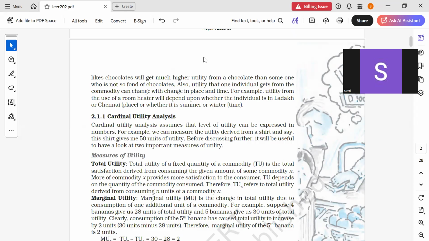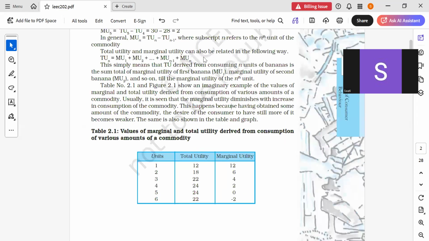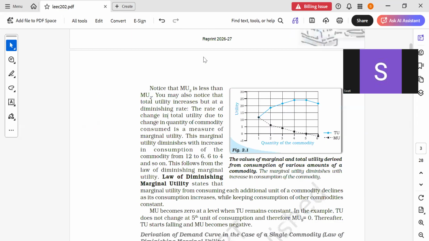With this simplified assumption, we are able to calculate the total utility and marginal utility in numbers. And due to that, there is a law of diminishing marginal utility, which states that marginal utility from consuming each additional unit of a commodity declines as its consumption increases, while keeping the consumption of other commodities constant.